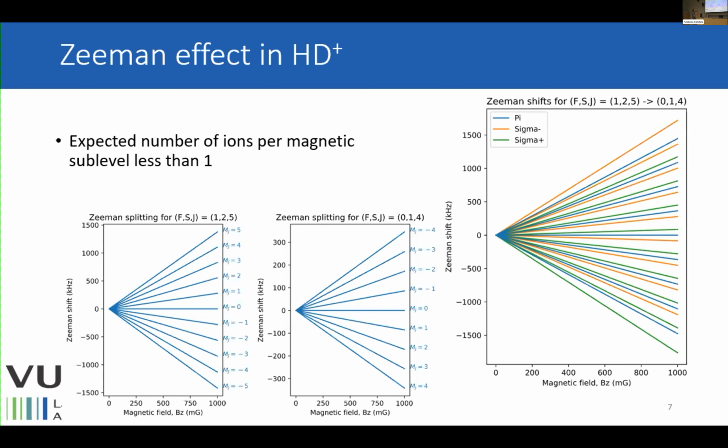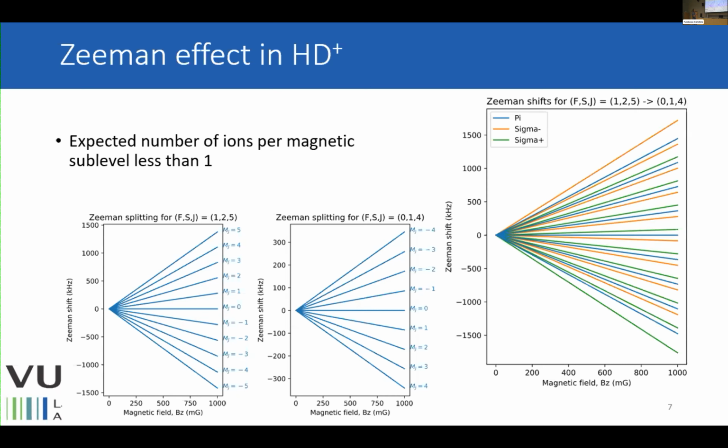And here you can see the sigma plus transitions, the pi transitions, and the sigma minus transitions. If we had enough population in all of the levels, then we could simply scan over this entire frequency range and try to resolve this spectrum.